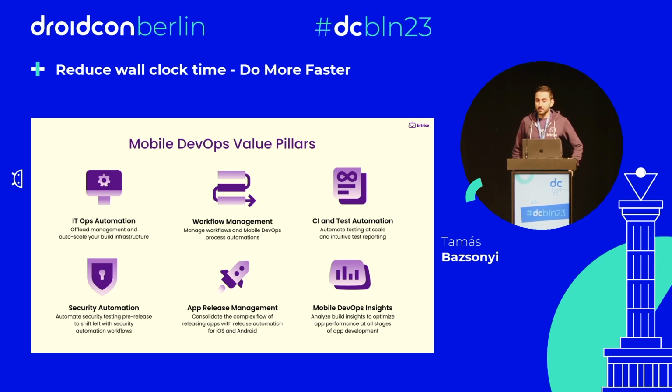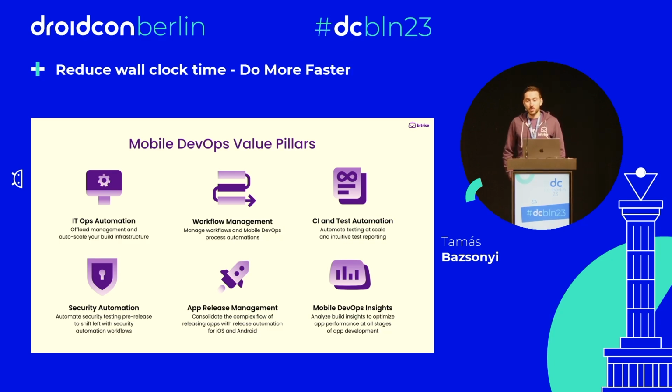Let's talk a few words about the mobile DevOps value pillars. We created basically 6 different categories, pillars basically, on that front, which are the main drivers that bring value of implementing mobile DevOps solutions. One is the IT ops automation, basically offloading the management and the scaling of the build infrastructure.